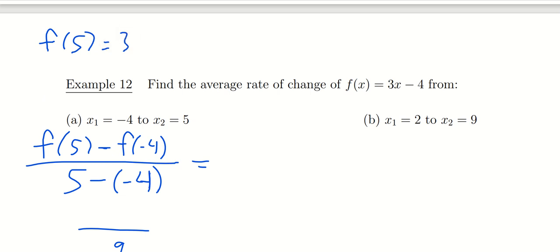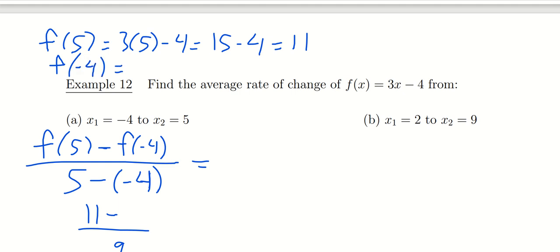F of 5 is going to be 3 times 5 minus 4, which is 15 minus 4, which is 11. F of negative 4 is 3 times negative 4 minus 4, which is negative 12 minus 4, which is negative 16.